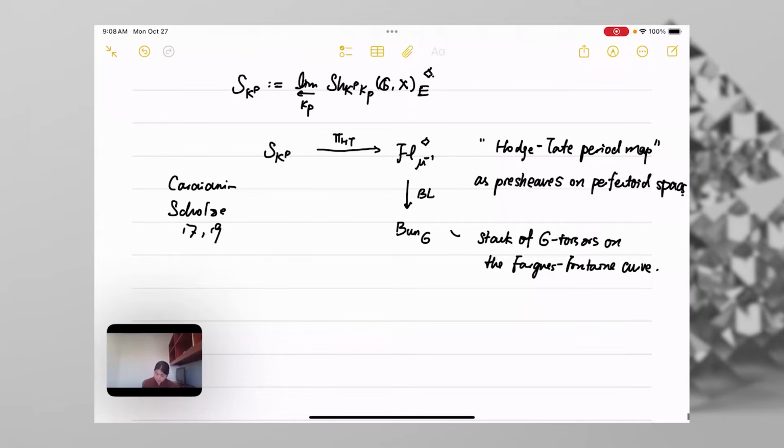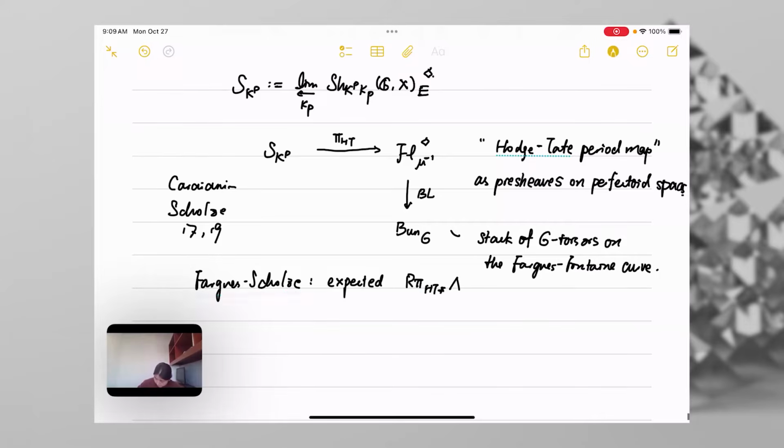In order to state compatibility of the local Langlands correspondence with the global ones, incarnated as information on cohomology of the Shimura variety, one would expect that there is a sheaf on Bun_G that encodes the arithmetic information coming from the Shimura variety. One natural guess is that if you look at any automorphic local system on the Shimura variety, then its pushforward along the Hodge-Tate period map to the flag variety will descend to Bun_G.